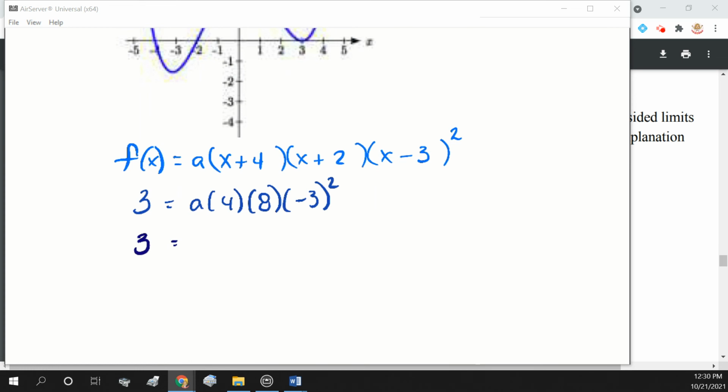Right. And so we need to do, I think I multiplied in my head. My brain's moving faster than my Apple Pencil today. So that's going to be 4 times 2 times 9, which is going to be 72.